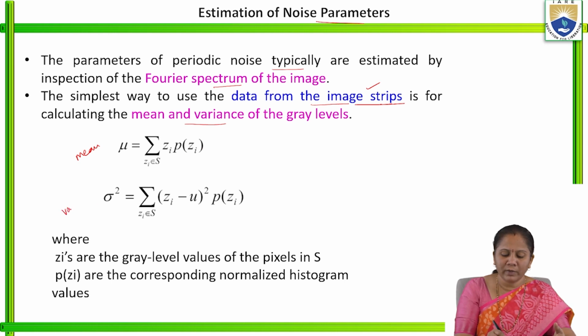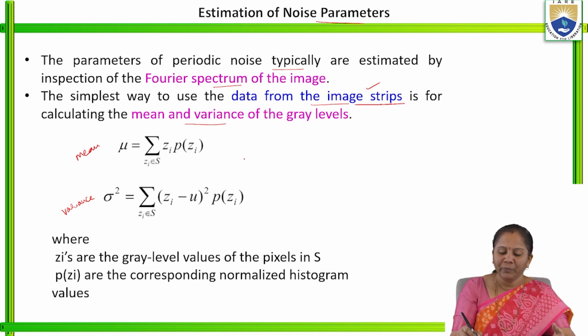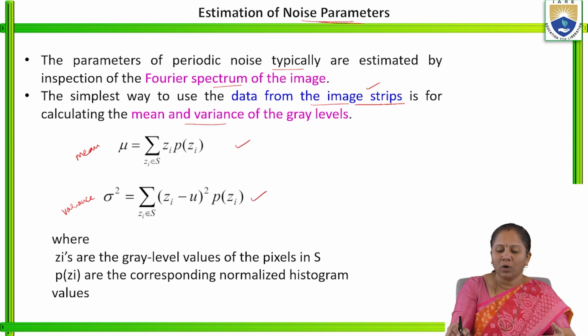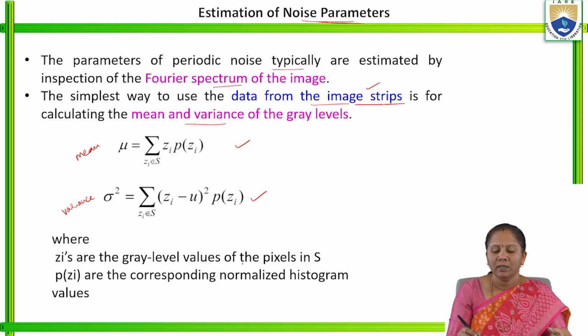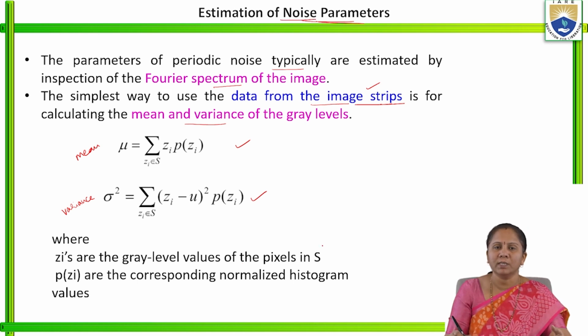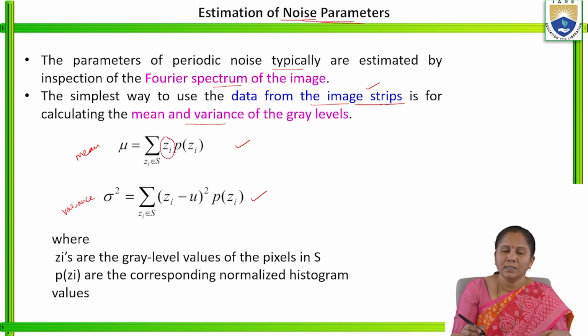And the formula for variance is sigma square is equal to sigma of zi minus mu whole square into P of zi. By using these two parameters, the noise can be estimated. By calculating mean and variance, the noise in the digital images can be estimated.